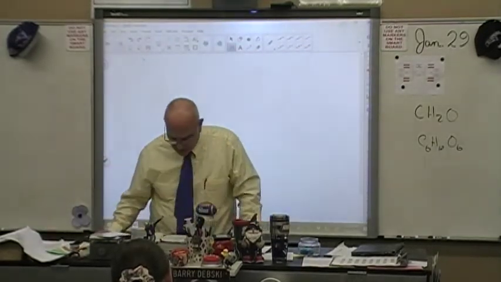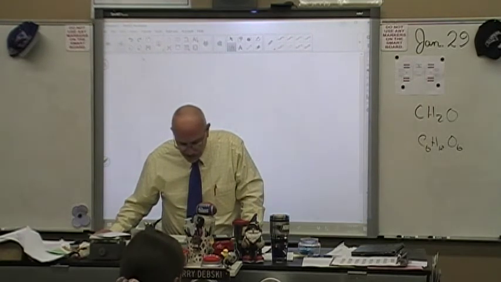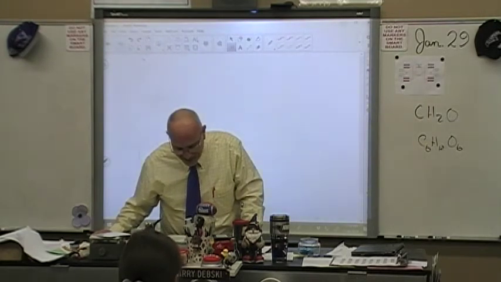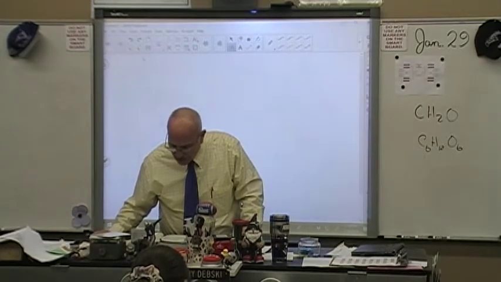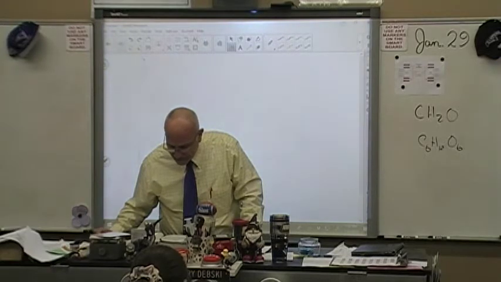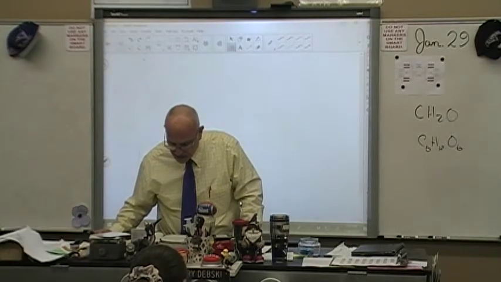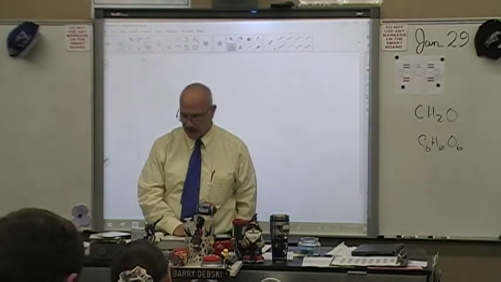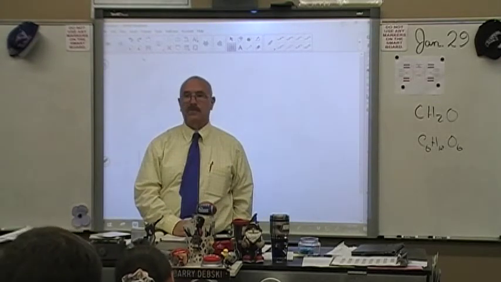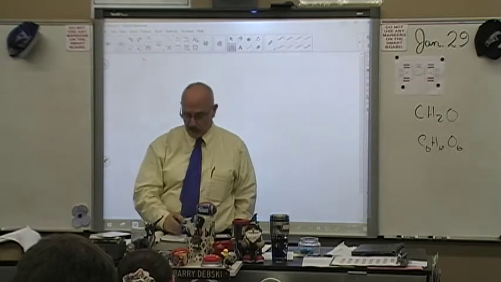Now, let's look at, I'm still looking for one that, let's try 27, right above it. Analysis of the compound indicates the percent composition of sodium, phosphorus, and oxygen. Finally, we get away from the CHO, okay?